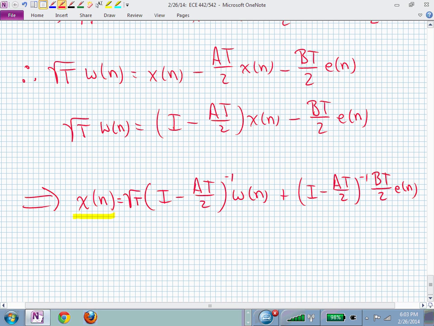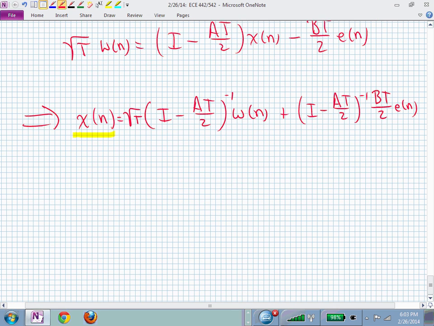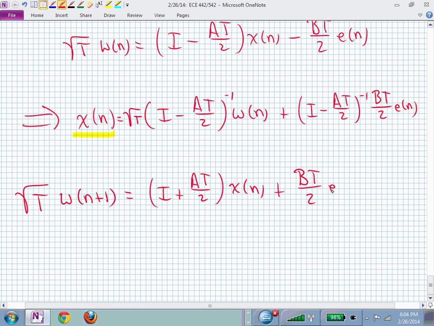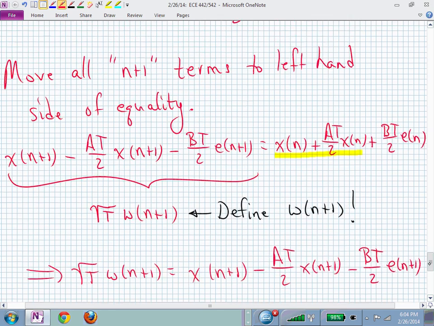All right. So what do I have? I have the square root of t, w of n plus 1, is equal to I plus at over 2 x of n plus bt over 2 e of n. That's this equation right here.